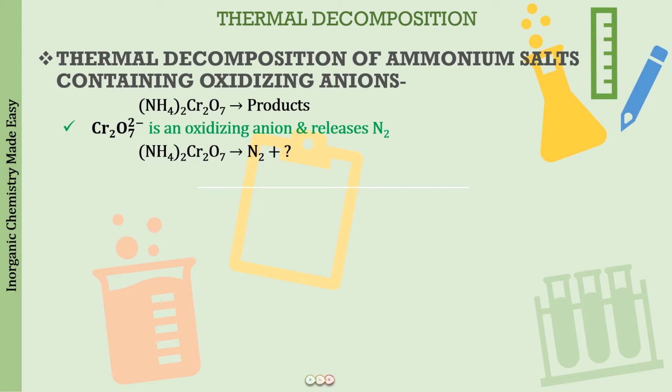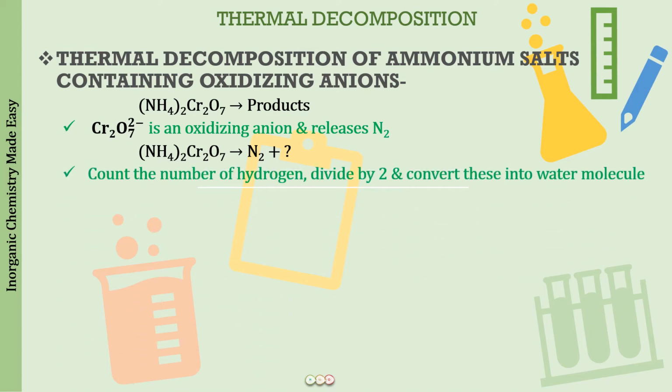That will be 4, because in each water molecule there are going to be 2 hydrogens present. So count the number of hydrogens, divide that by 2 and convert these into that many water molecules. So ammonium dichromate, the second product that will be formed, is going to be 4 water molecules. All right. So now 4 water molecules means that 4 oxygens also have been used from ammonium dichromate.